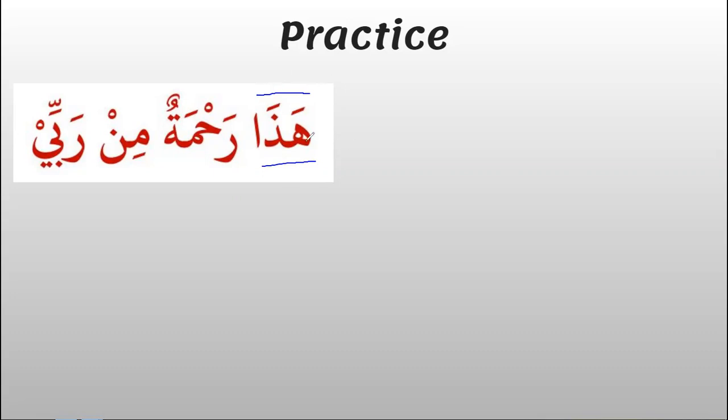Those are ismul ishara, pointers. Haza means this, and there is no al over here, so that's a sentence. Haza is considered rafa; nasab or jar is the same. It's a non-flexible word, so we'll consider this as rafa. So it will be our mubtada.